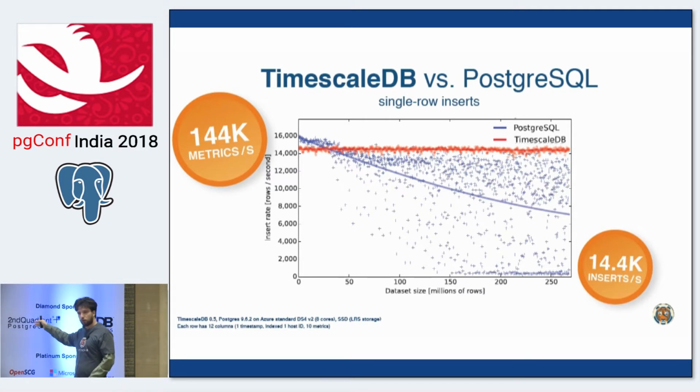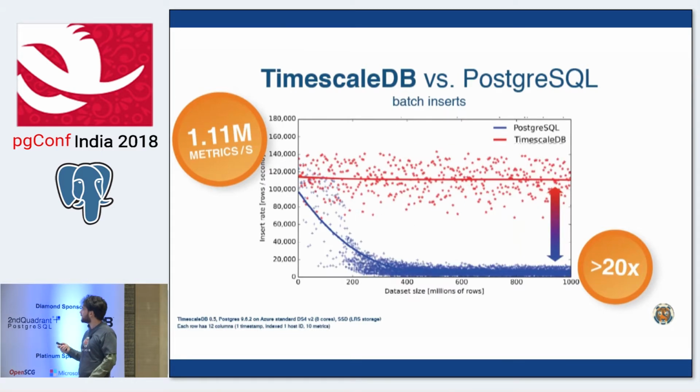This is up to 250 million rows, because running Postgres beyond that just took too long. This is for single row inserts, and we get 14,500 rows a second, where each row in this experiment is 10 metrics, so you get 144,000 metrics a second.